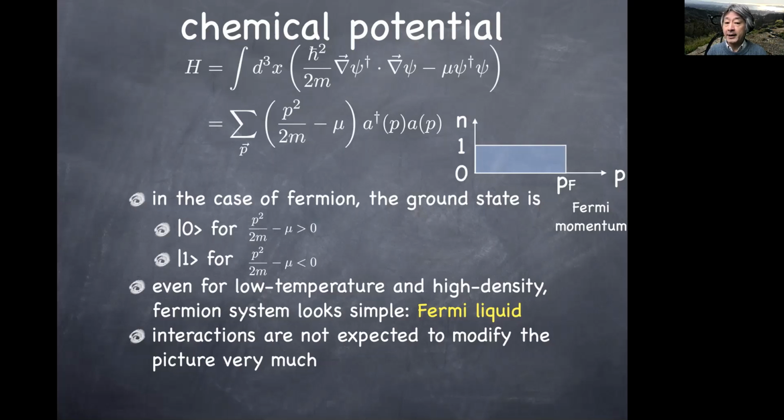Then you call that system a Fermi liquid, because you did take interactions into account, but nevertheless, the system looks very much like this, up to possible perturbations near this Fermi momentum. So we talk about Fermi liquid. Even when we talk about interactions among particles, this ground state is very robust. So that's the idea of the multi-particle fermion system.